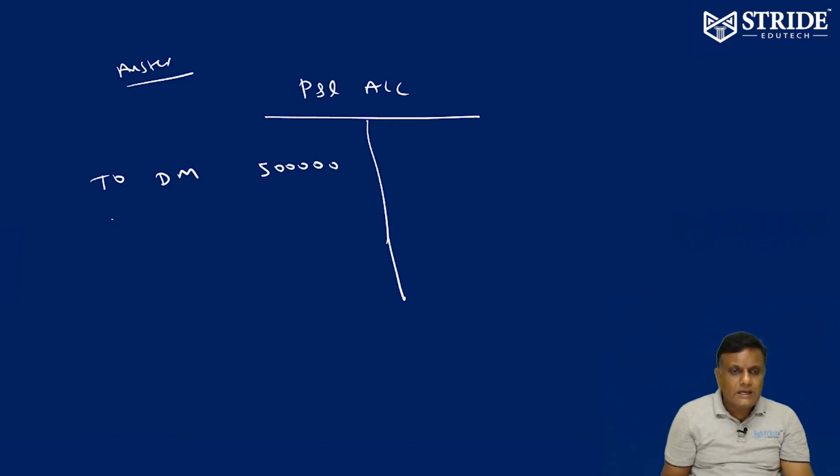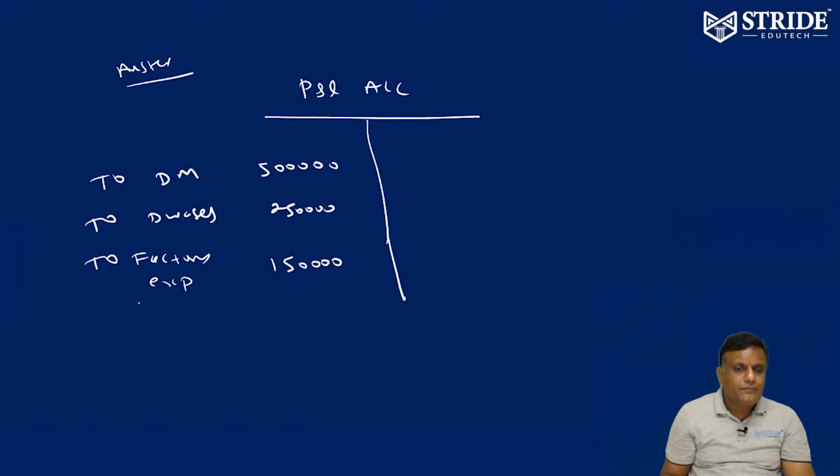To direct wages, that is also given, 2.5 lakhs. To factory expenses, actual 1.5 lakhs, right? Here you are not supposed to segregate into fixed and variable, that is only in cost books, not in financial books. Actual you can take.